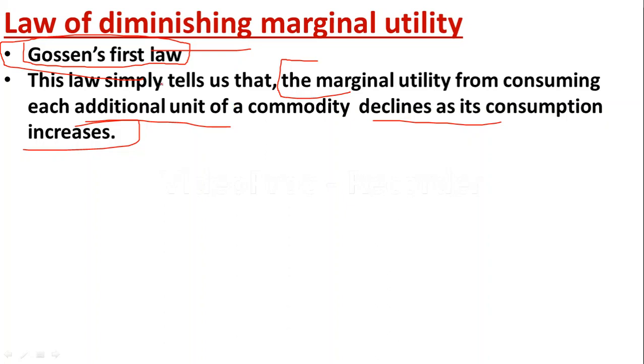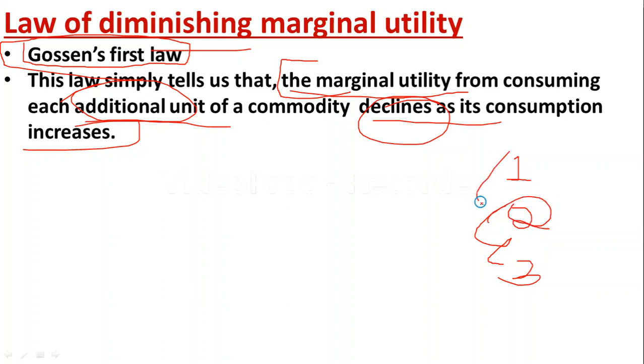This theory tells us that the marginal utility from consuming each additional unit of a commodity declines. For example, if I consume the first mango, then a second mango, then a third mango, the utility derived from the second mango is less than from the first mango.